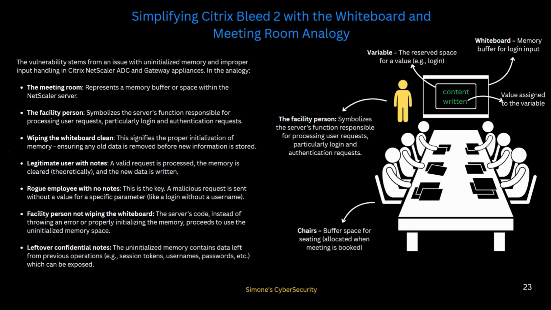So now imagine your company has a lot of meeting rooms, and when you book a meeting room, your company's facilities team gets this room ready for you. They arrange the chairs, table, whiteboard, everything you need is allocated for your meeting. Think of this allocation like memory buffers or memory space that is being reserved in a program.